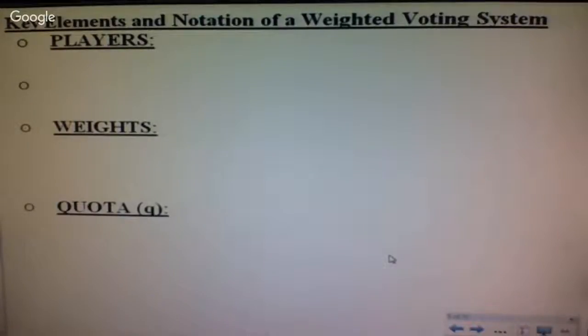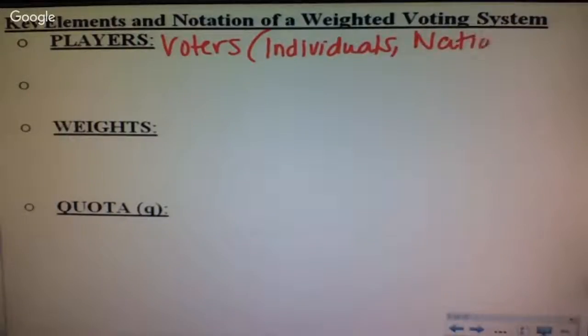You need to have players. Players are going to be the voters. These can be individuals, nations, institutions. It can be anything we want.